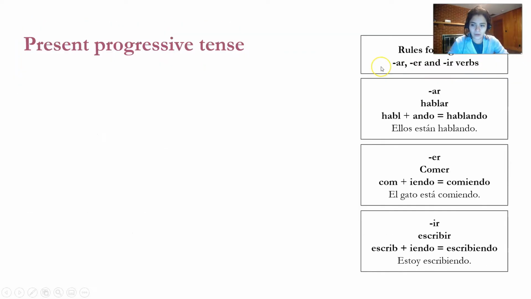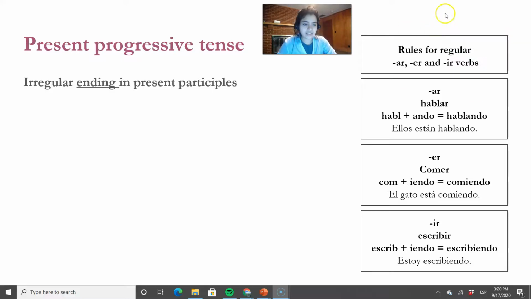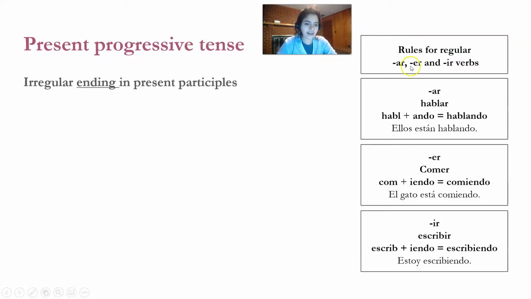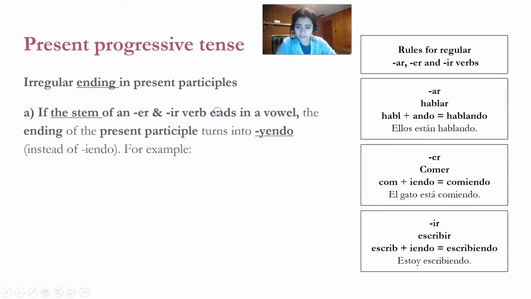Okay, so we also have irregular endings in the present participle. Here you have the rules for regular AR, ER, and IR verbs to form the present participle and the present progressive tense. But right now we're going to see irregular endings in the present participles.